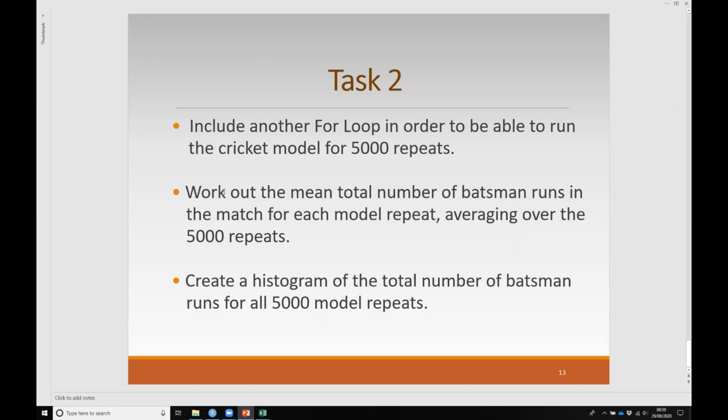So you get 5,000 numbers, and then work out the mean of those 5,000 numbers. And then the third point would be to create a histogram of those 5,000 numbers and look at the distribution of the total number of batsman runs in a match.